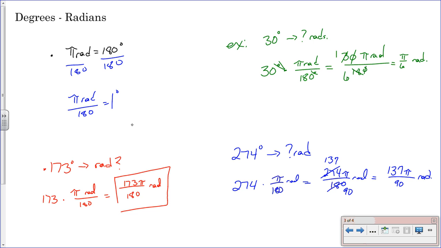For degrees to radians, you would simply take your degree measure, multiply it by pi over 180 radians, and simplify as far as possible. But make sure you leave pi in your answer.